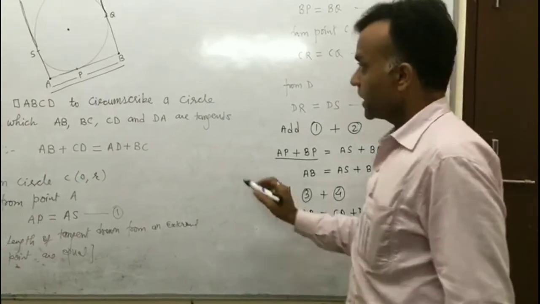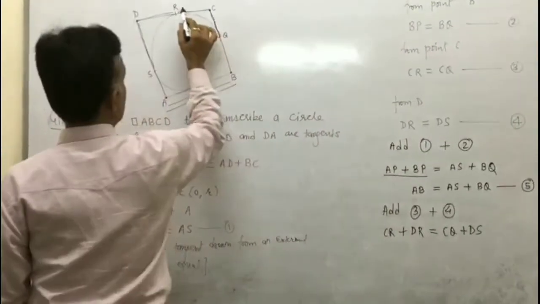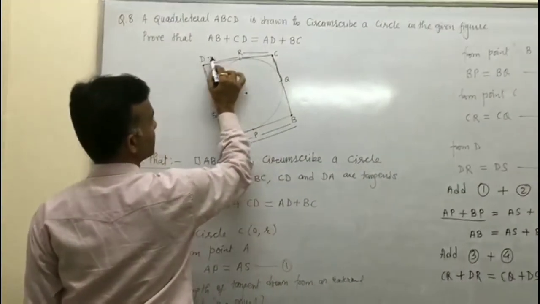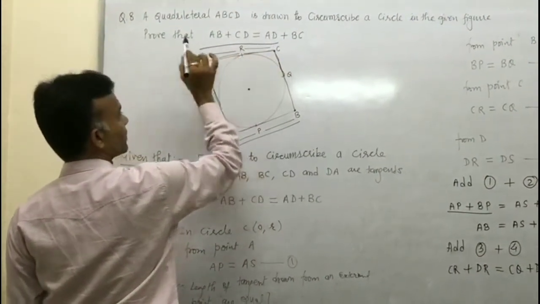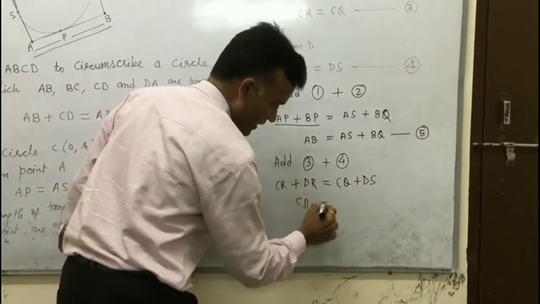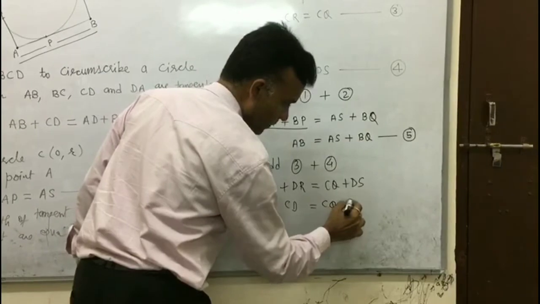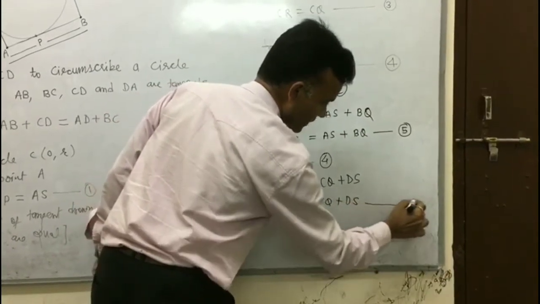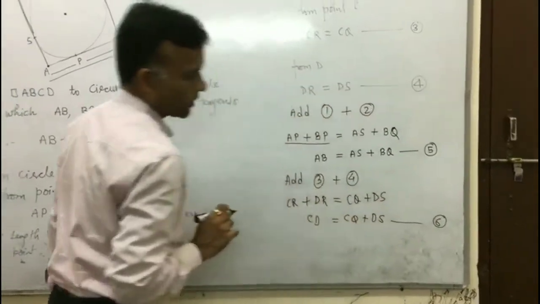Then CR plus DR, adding these two lengths, we get CD. So you write down CD, which is equal to CQ plus DS. Okay, this is equation 6.